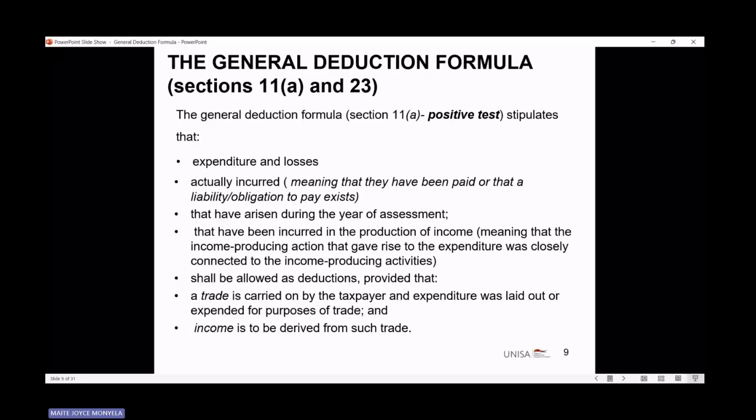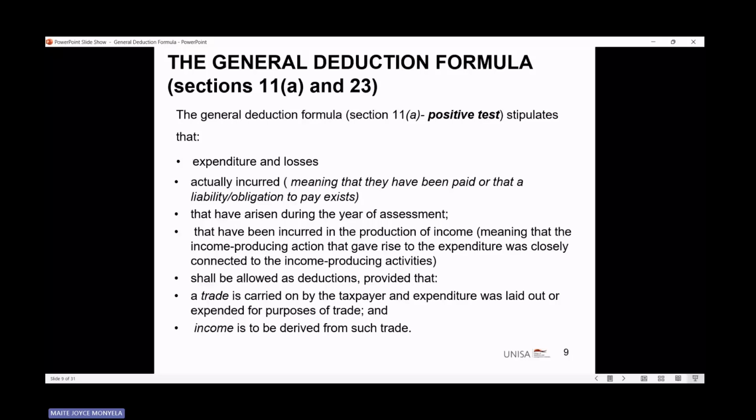So under Section 11A, read with Section 23 of the Income Tax Act, we have the positive test: we need to test if expenditure and losses were actually incurred during the year of assessment and incurred in the production of income, which is allowed as a deduction, provided that a trade is carried on by a taxpayer and the expenditure was laid out for the purpose of such trade.